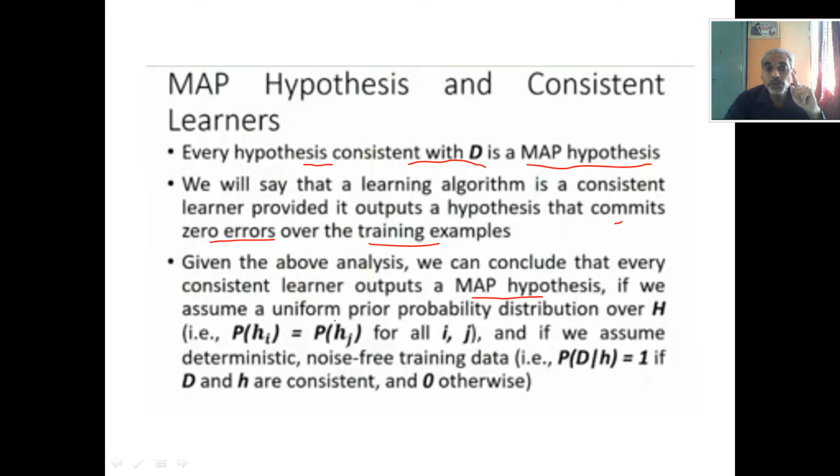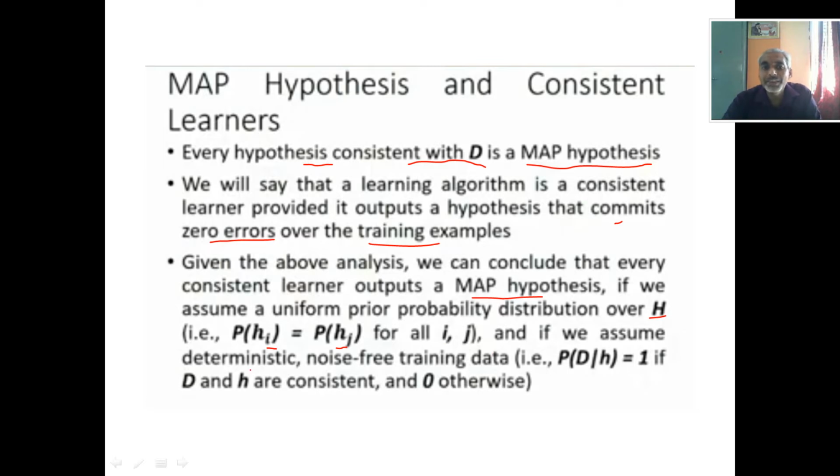And if we assume a uniform prior probability distribution over H, where all hypotheses are assigned the same probability, then the probability of any hypothesis Hi will be equal to that of Hj for all i, j. So if you take 4 hypotheses H1, H2, H3, H4, and all 4 are given equal probabilities, then we can say probability of H1 equals probability of H2, or probability of H1 equals probability of H4. That is, P(Hi) = P(Hj) for all i, j.